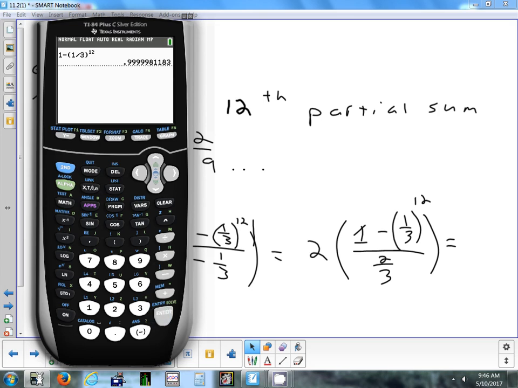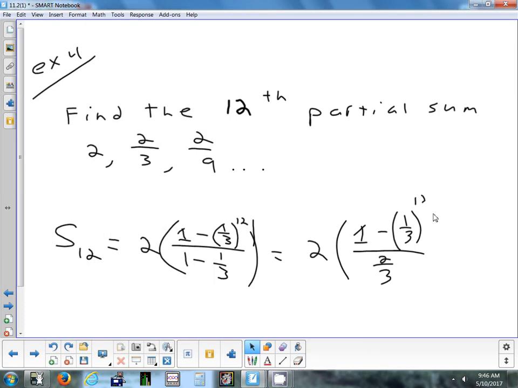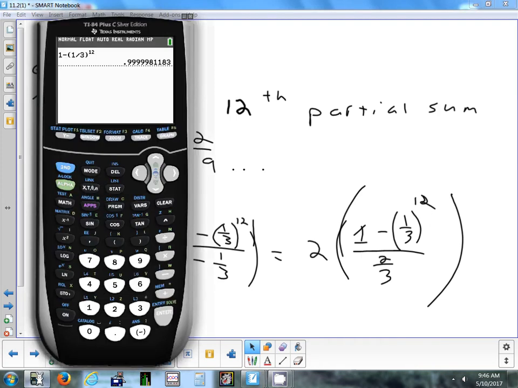Okay, just to make this clear, the 12 is right there. So 1 minus 1/3 to the 12th. I'm going to divide that by 2/3, and I probably need parentheses around it. And then I'm going to hit times 2. So if you add up the first 12 terms in this sequence, that's what you get.